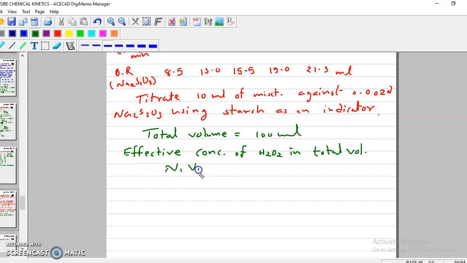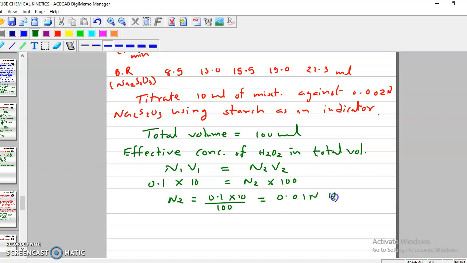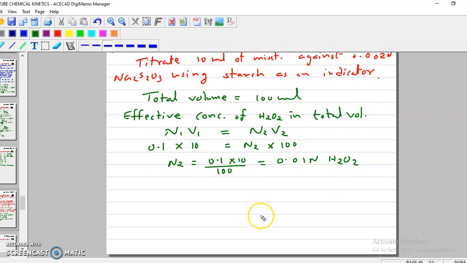For that we write N1V1 equals N2V2. N1 is the concentration of H2O2 into volume of H2O2, that is 10 ml, and now the volume will be 100 ml, and therefore N2 is equal to 0.1 into 10 upon 100, which is equal to 0.01 normal H2O2. So this is the effective concentration of hydrogen peroxide.